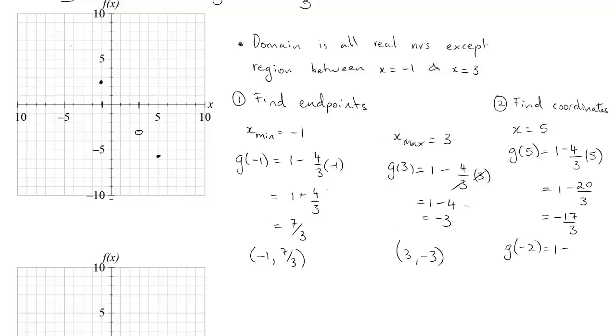So we've got 1 take away 4/3 times -2, and that's equal to 1 plus 8/3, and that is 11/3. So 11/3, that's almost 4 when x is -2. Y value is almost 4, so it's here.